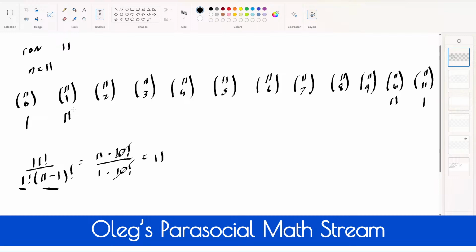So the 11 choose 2 is going to be the same thing as, and we can just fill it in right away. We're just going to say the next one is going to be 11 times 10 times 9 factorial over 2 factorial 9 factorial. We can just take here and here.